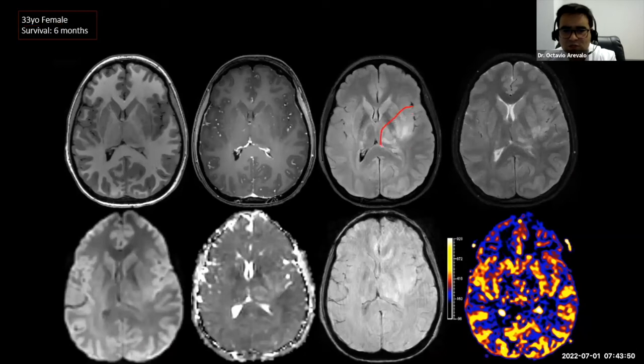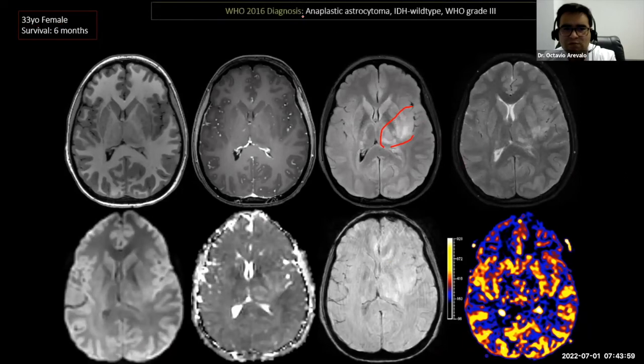You see that the tumor is also here in the insular region, the thalamic region, and the same features in contrast and perfusion. Well, this patient was biopsied, and the diagnosis, as per the 2016 standard, was an anaplastic astrocytoma, IDH wild type, WHO grade 3. IDH wild type, wait a minute.